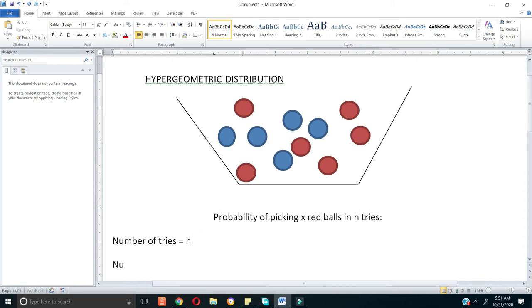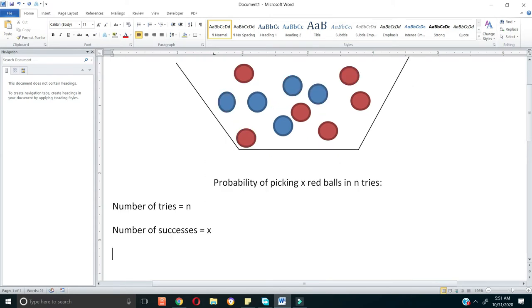So this time, number of successes is going to be x. So overall in the container, let me call it overall successes in the container, or number of red balls in this case, is going to be R, right?